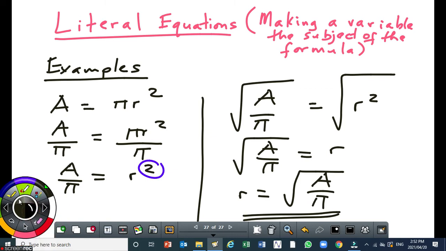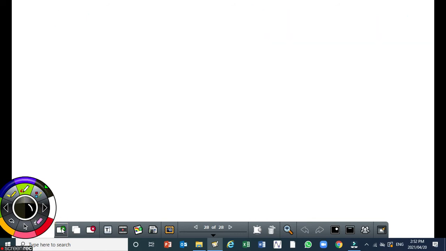It's an easy one, then we will move on to more challenging ones. Another example, we have V equal to U plus AT. That's a physics equation, an equation of motion. So we want to make T the subject.